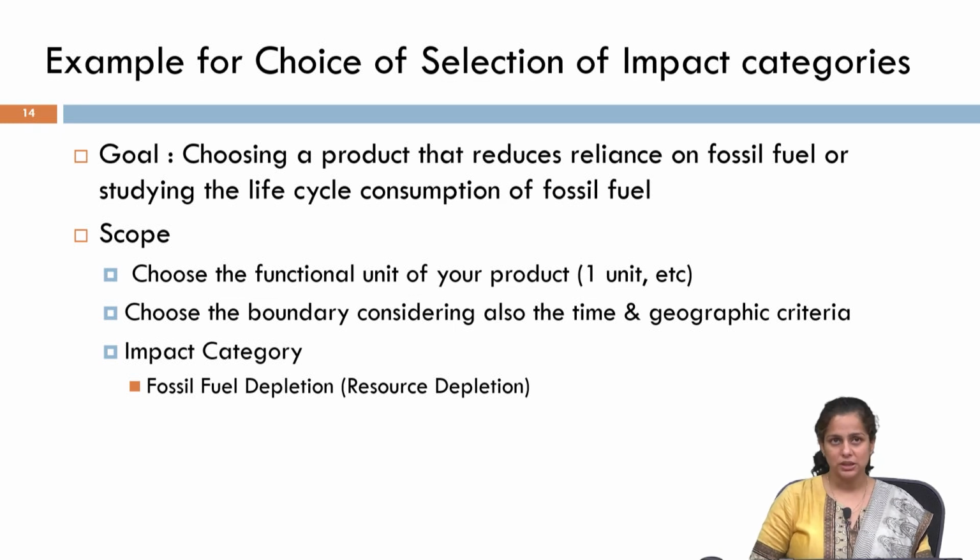We choose the boundary considering the time and geographic criteria. But our impact category, since the goal is to really look into the fossil fuel depletion, will be fossil fuel depletion or resource depletion. Hence, when we collect data, we will be very cautious of collecting all the data wherever we are using non-renewable energy resources such as coal or oil and gas.